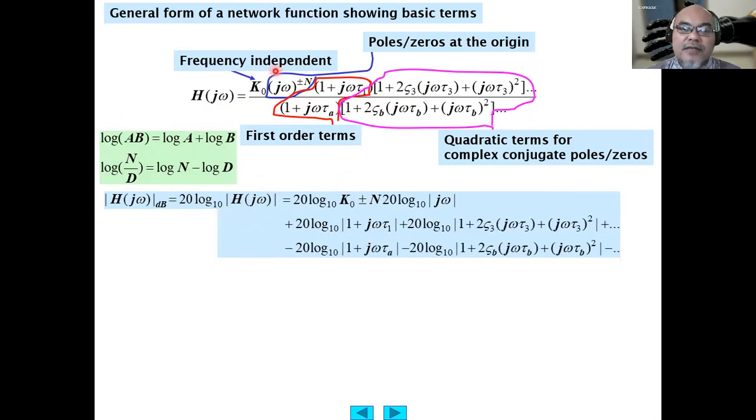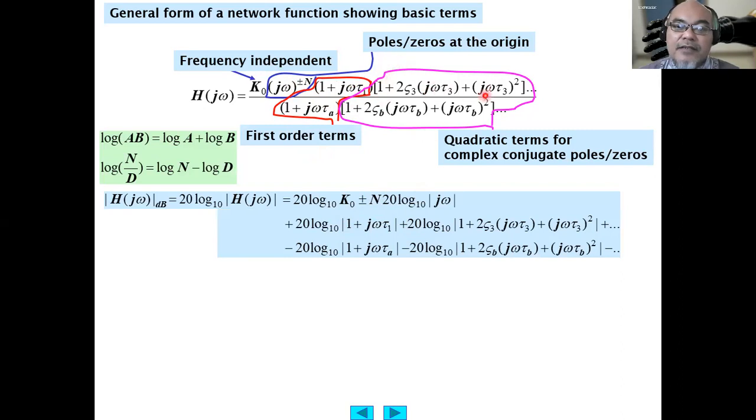So this equals 20 log K0, plus or minus n times 20 log |jω|, because the exponent becomes a multiplication factor.